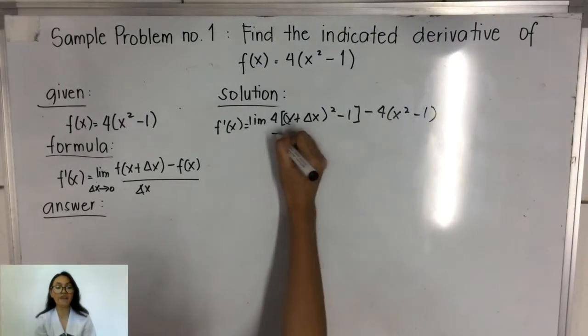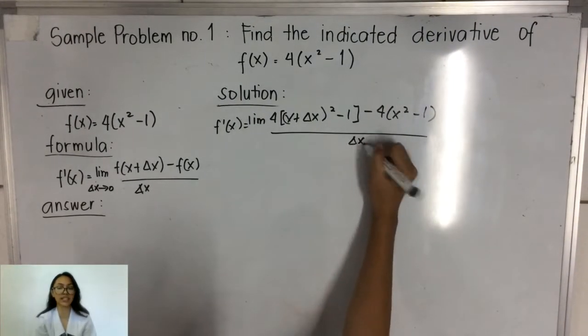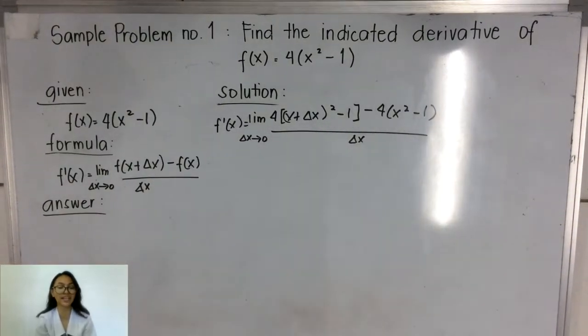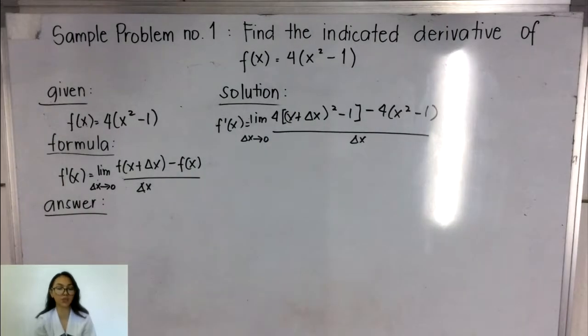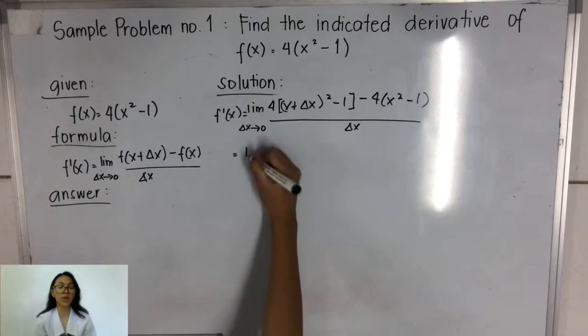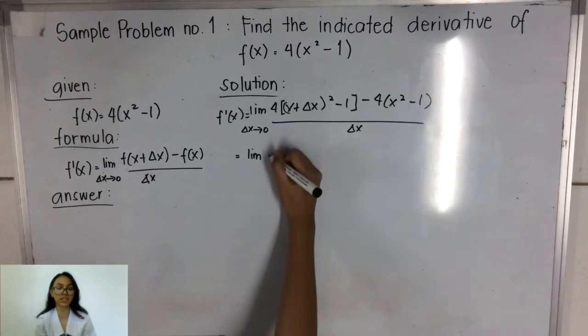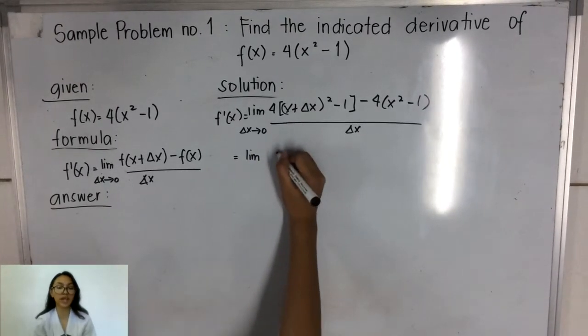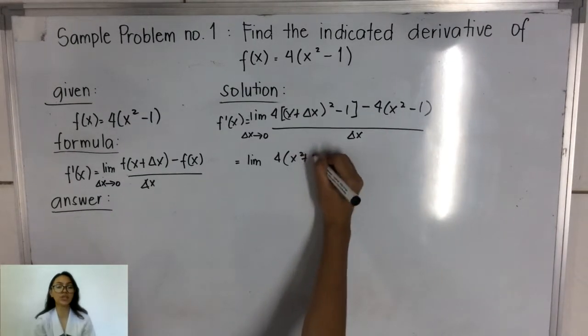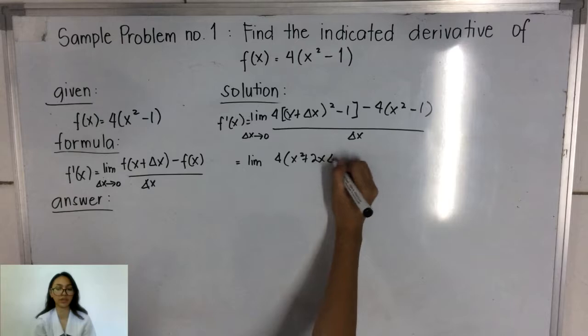Now, we have here f prime of x is equal to the limit of 4 times x plus delta x squared minus 1 minus 4 times x squared minus 1 over delta x as delta x approaches 0. After this, we will solve for the whole quantity of the numerator, starting by solving for x plus delta x squared using abridged multiplication.